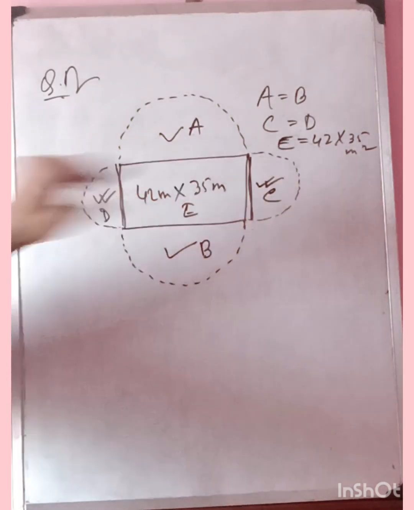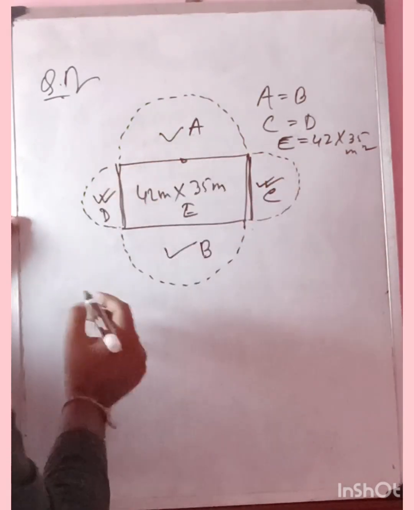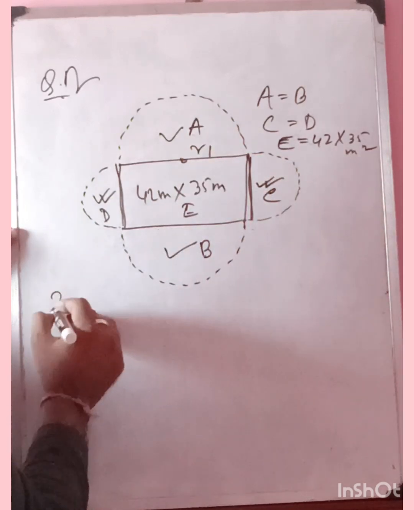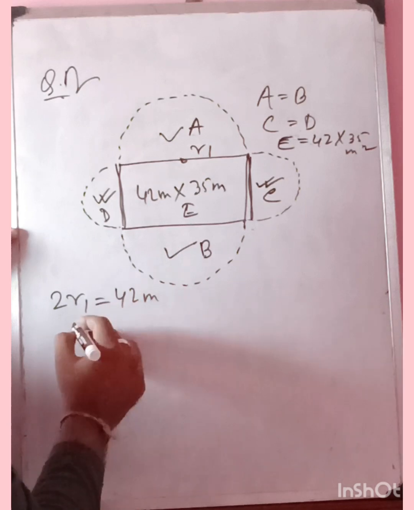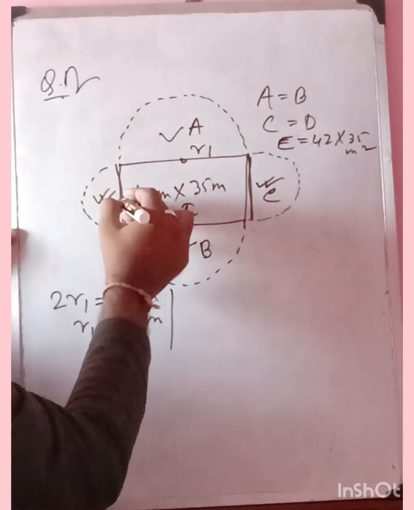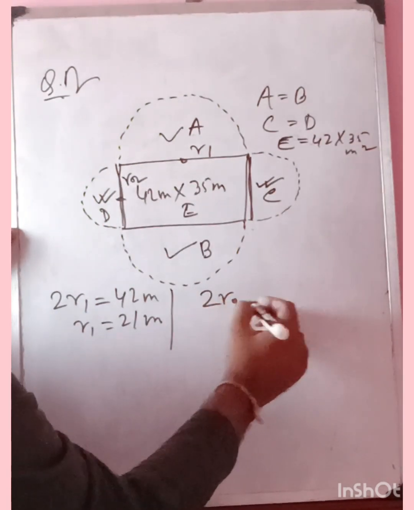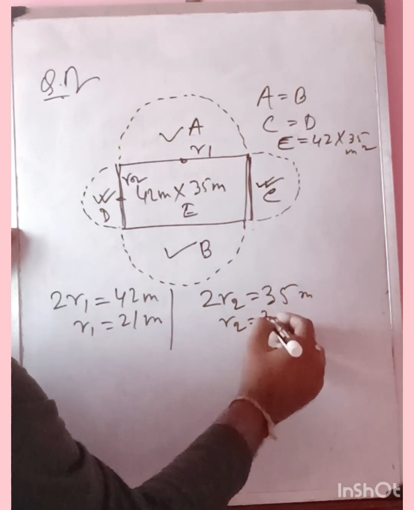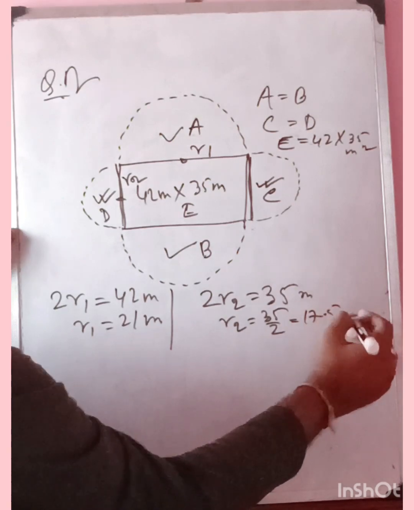Okay. And in case of A, this is the diameter. So, this is R1, then 2R1 equals to 42 meter, R1 equals to 21 meter. In this case, if this is R2, then 2R2 equals to 35 meter, R2 equals to 35 by 2, 17.5 meter.